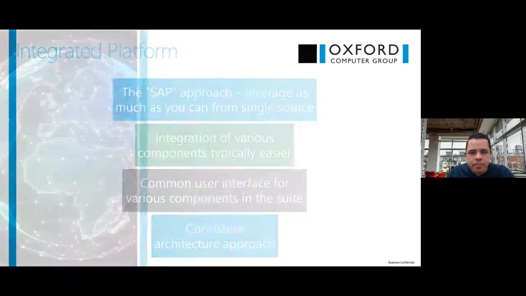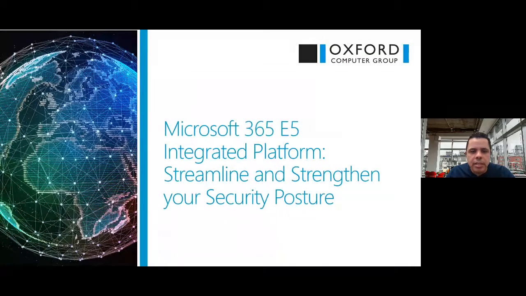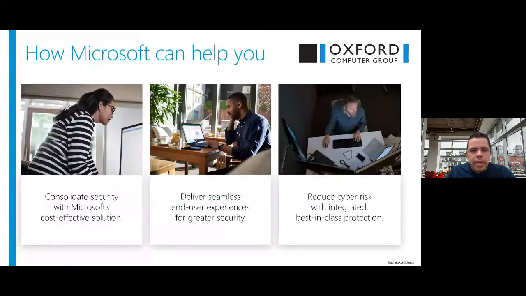So that leads us to our next section, talking about Microsoft 365 security as an integrated platform and how it can help streamline and strengthen your security posture. There are basically three ways that the Microsoft security solution can help you within your organization. First, it can help consolidate that security portfolio, reducing the complexity and the costs, and we're going to talk a little more in depth on that.